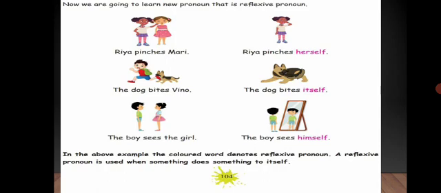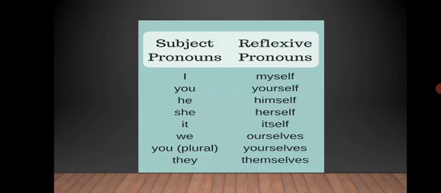In the above examples, the colored word denotes a reflexive pronoun. A reflexive pronoun is used when something does something to itself. That is called the reflexive pronoun. Here, herself, itself, and himself are reflexive pronouns.